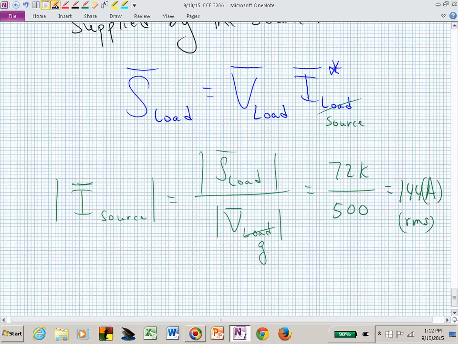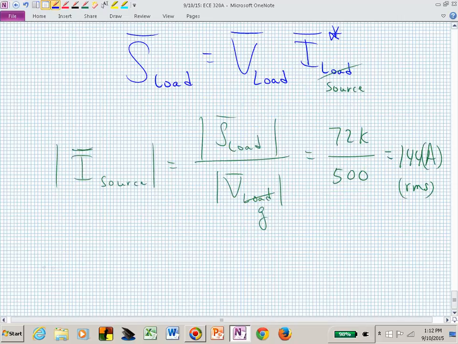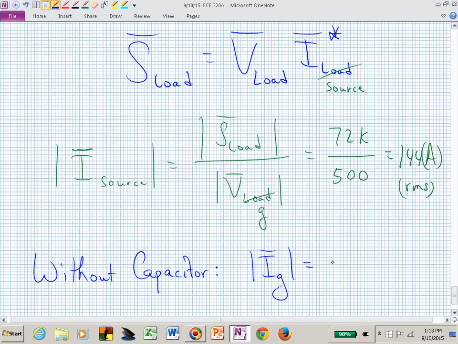Do you remember what the current was, magnitude, without the capacitor? Do you see the savings?